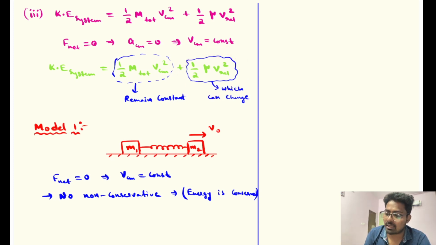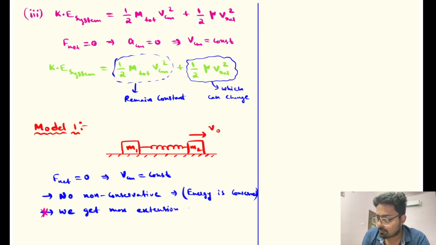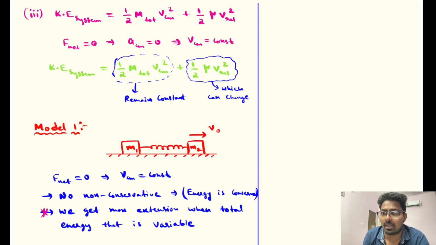When will you get maximum extension? Very, very important. We get maximum extension when the total energy that is variable, that means which can change, is converted into spring potential energy.